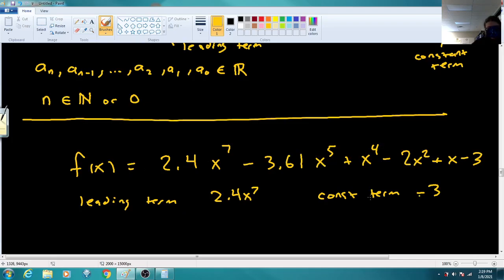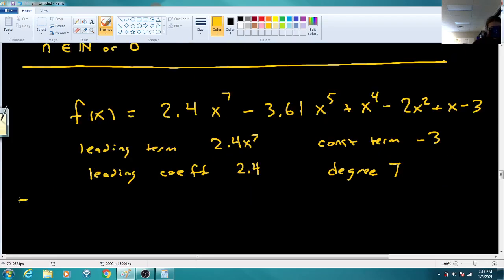So we've got our leading term, our constant term, and our leading coefficient, which would be the 2.4. The degree of this is 7, a degree 7 polynomial, because in this standard form, 7 is the highest power that you see x raised to.